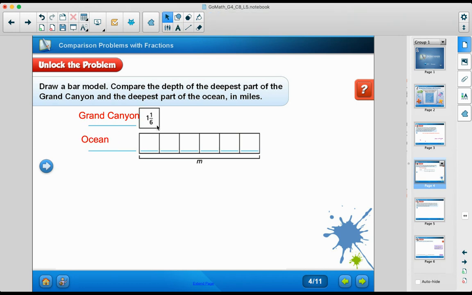The ocean is 6 times 1 1/6: 1 1/6, 1 1/6, 1 1/6, and 1 1/6. The ocean is 6 times deeper than the Grand Canyon.